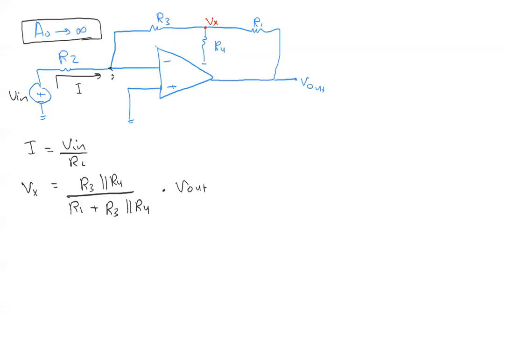So the current flowing here is just minus Vx over R3, because here is a virtual ground and here Vx, so the voltage across R3 is just Vx, or the direction of the current is opposite.